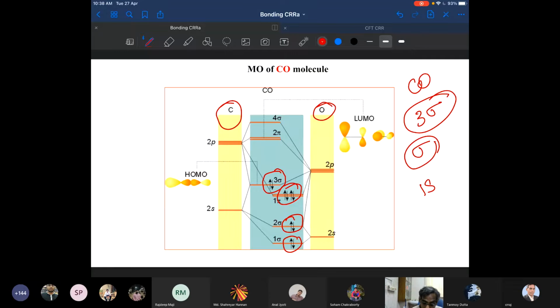On the other hand, the lowest unoccupied is the antibonding orbital. Why I take time to explain is that this molecule will be studied in your bioinorganic chemistry as well as organometallic chemistry. So the HOMO in carbon monoxide is basically the 3 sigma, and the LUMO is the antibonding orbital.